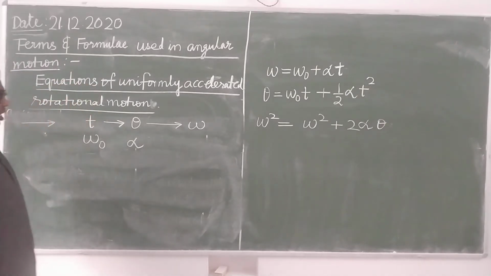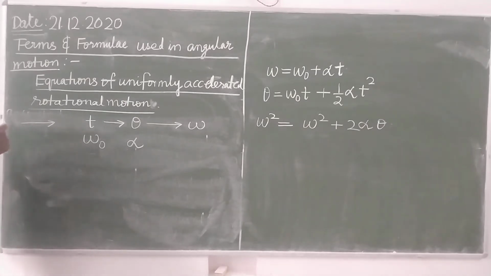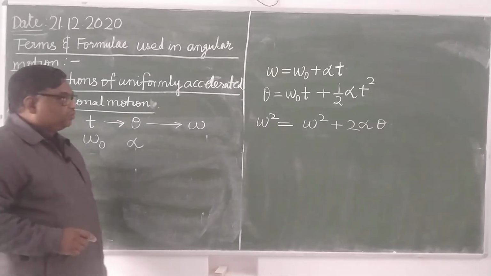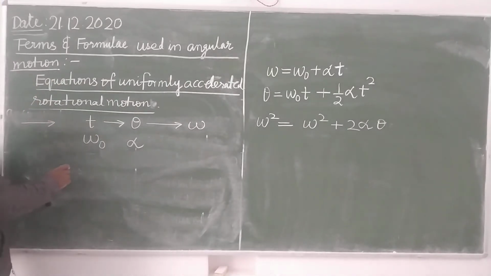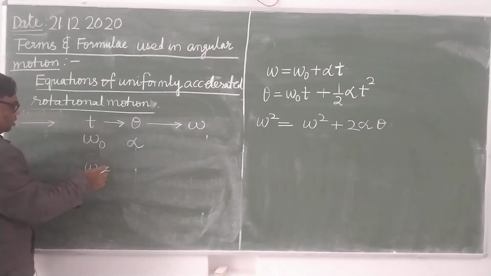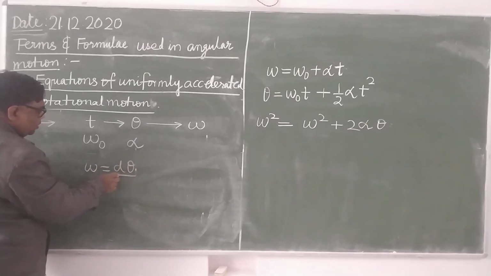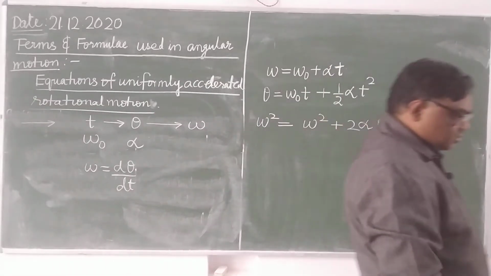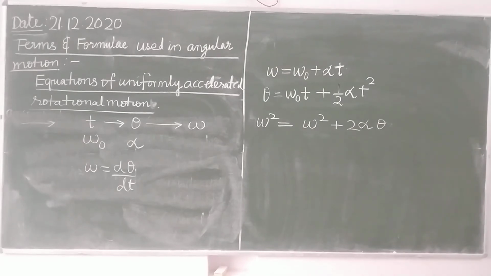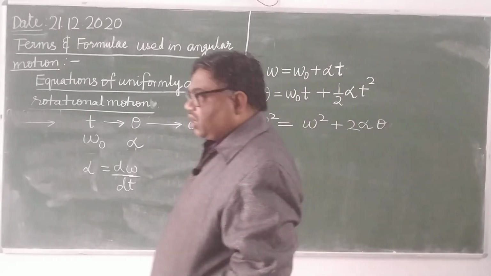Which variable will you take? Here alpha equals d omega upon dt.